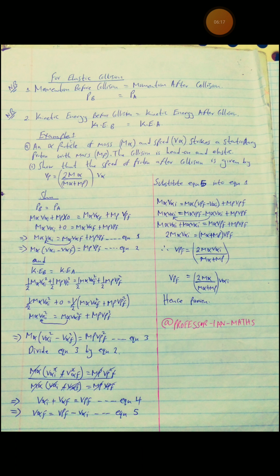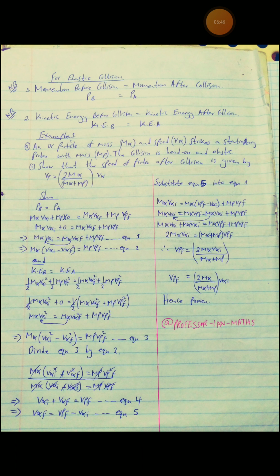Now, this yields m alpha v alpha initial is equal to m alpha vp final minus m alpha v alpha initial plus mp vp final. Now, taking the like terms together, we get 2 m alpha v alpha initial is equal to, we factor out vp final, (m alpha plus mp) vp final.